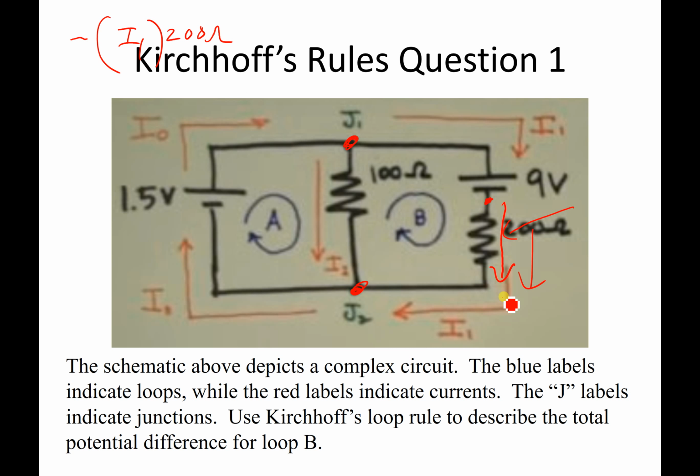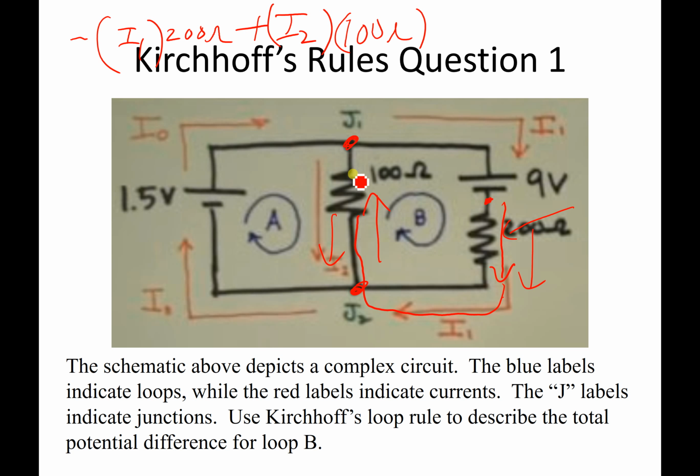I'm going to continue around the circuit going this way, and I'm going to go up through this resistor. All right, so in this case, the current is I2 and it's going this way, but I'm moving this way through the circuit. So I'm going opposite of the current flow, which means there's going to be an increase in potential. So plus the current through there, I2, times the resistance of that particular resistor, which is 100 ohms.